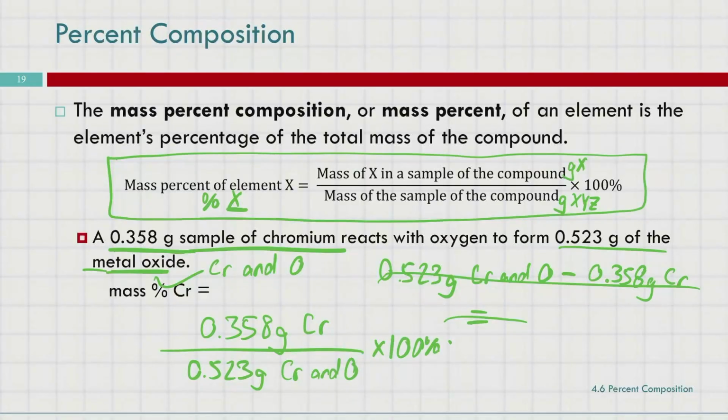Multiply that by 100%. You should always get a number that is 100% or less, because it's making up part of the thing. It can't be more than all of the stuff, because it's part of the stuff. 0.358 divided by 0.523 times 100, it is 68.5% chromium.